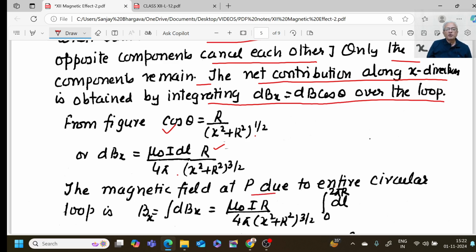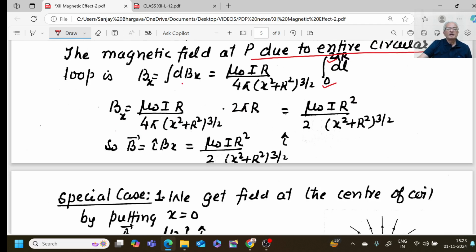Now the magnetic field at point P due to the entire circular loop, Bx, is obtained by integration of dBx, integrating dl from a minimum value 0 to a maximum value equal to the circumference, that is 2πR. So Bx would be equal to μ0 I R upon 4π (x square plus R square) power 3 by 2, and the integration yields 2πR. So Bx is μ0 I R square upon 2 (x square plus R square) power 3 by 2.